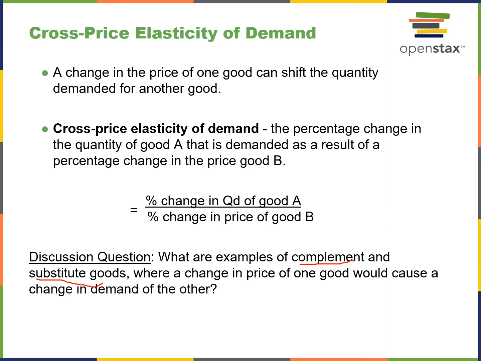I'll give you something super simplistic. Let's say hot dogs are fairly cheap, therefore the demand for hot dog buns would probably be plentiful. Well, let's say the number of hot dogs produced diminishes for some reason, or the price goes up, then the demand for buns will follow. So that's one good affecting change in the other good.